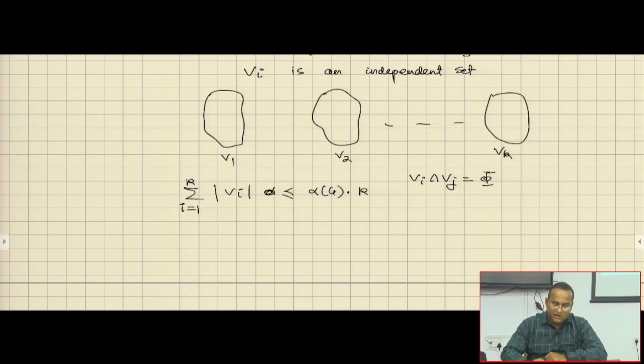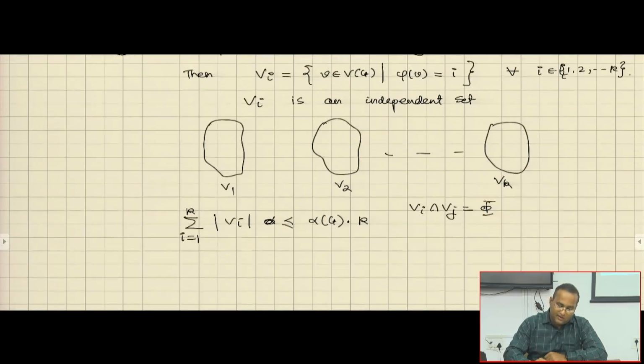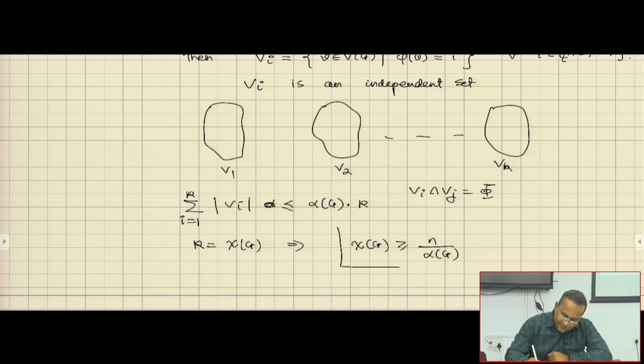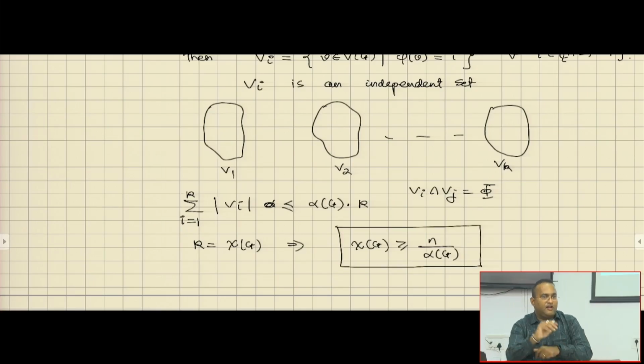Okay. So if k is the chromatic number, if k is chi G, then we can say that chi G is greater than or equal to n by alpha of G, right?